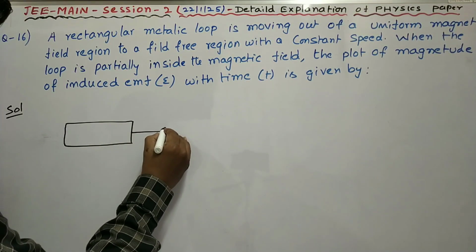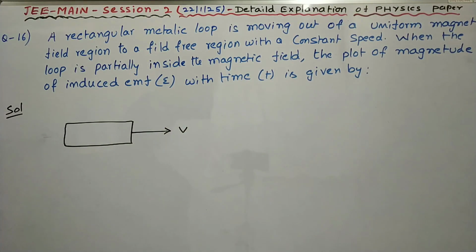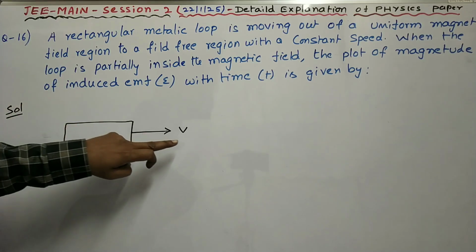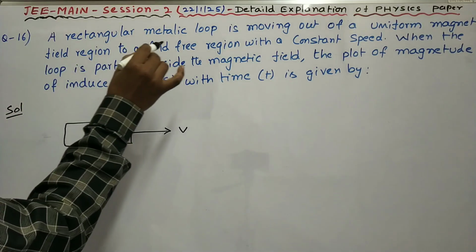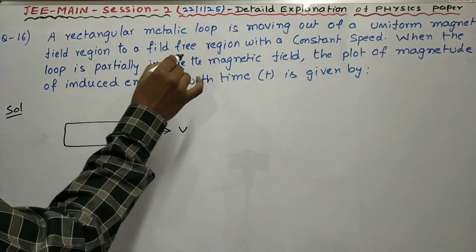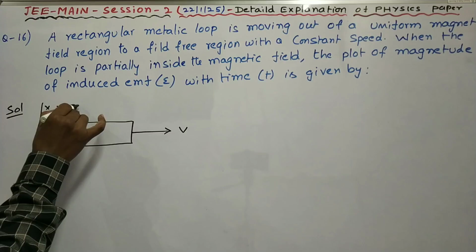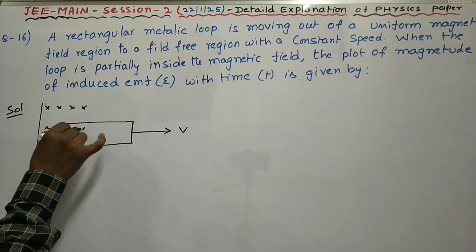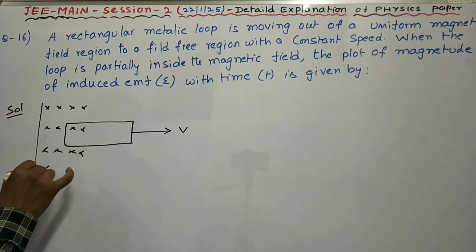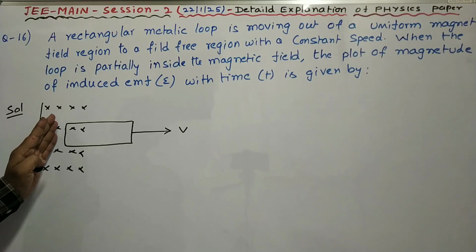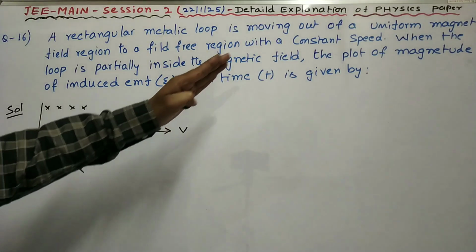So this is the metallic loop, and it is moving with a constant speed from the magnetic field region to the field free region. Suppose the magnetic field is supposed to start from here.